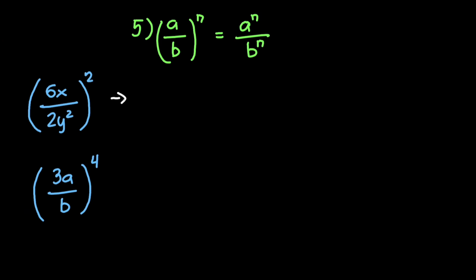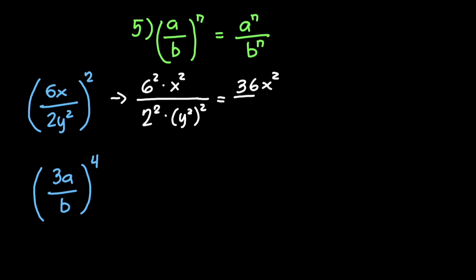6x over 2y squared all raised to the power of 2. It would be 6 squared multiplied by x squared over 2 squared multiplied by y squared raised to the power of 2. So 6 times 6 is 36. Multiply this by x squared. 2 times 2 would be 4, and y squared raised to the power of 2 would be y raised to the power of 4. 3a over b all raised to the power of 4.